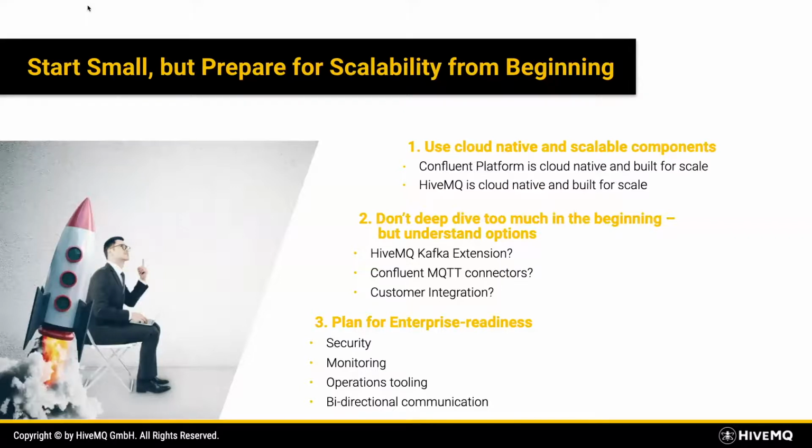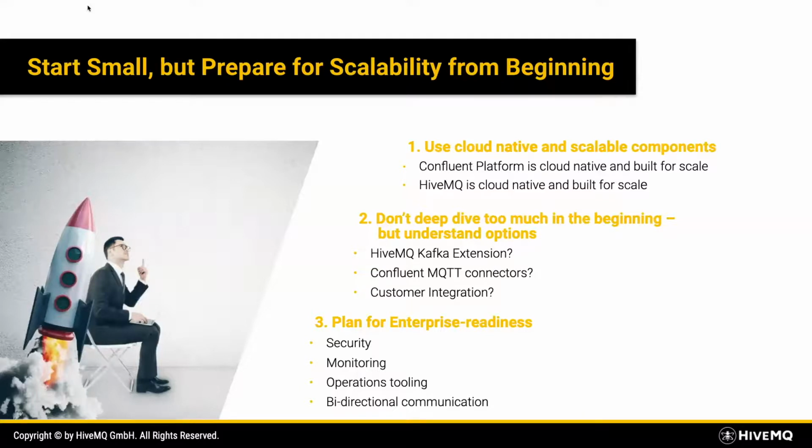And also very important, talking in the automotive space, this is already an enterprise business, right? So plan for your enterprise readiness. So what about security? What about monitoring? Like I showed you, for example, both HiveMQ as well as the Confluent platform already come with built-in dashboards that can be used, and also offer the opportunity to integrate really well into technologies like Grafana.